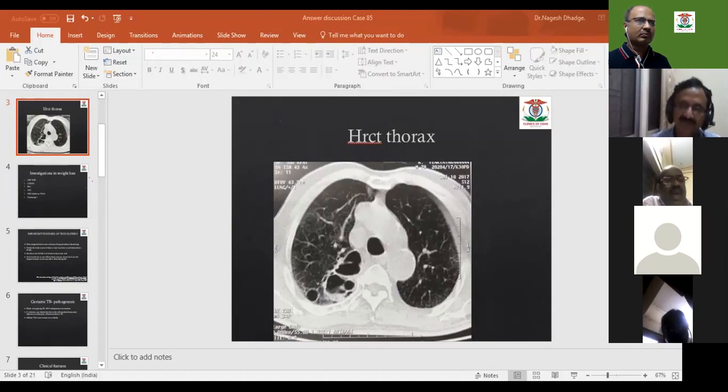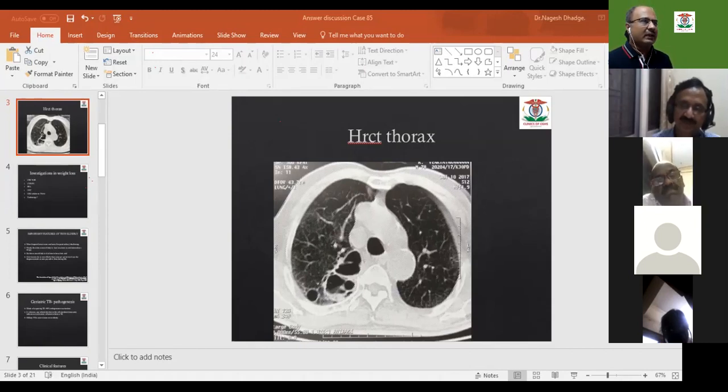Number two, we should follow those ATS guidelines, wherein they say there should be a compatible clinical picture, and then we should be able to see the organism in the specimen as well as in the blood. Probably they are more specific.